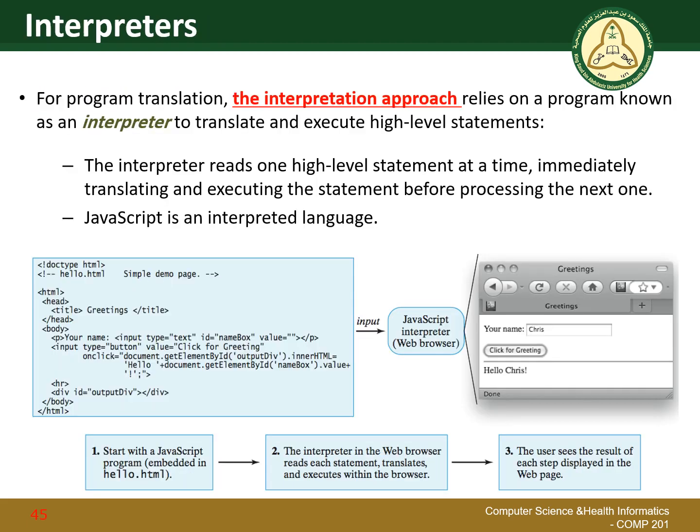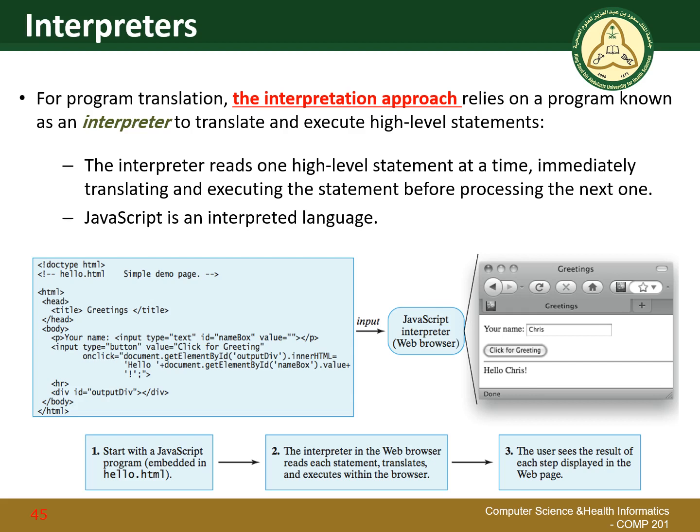For the interpretation approach in programming translation, we use interpreter tools to translate and execute high-level language statements. The interpreter reads a high-level language statement and immediately translates it, statement by statement, before processing the next one.